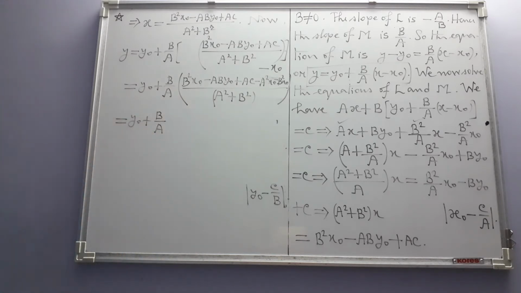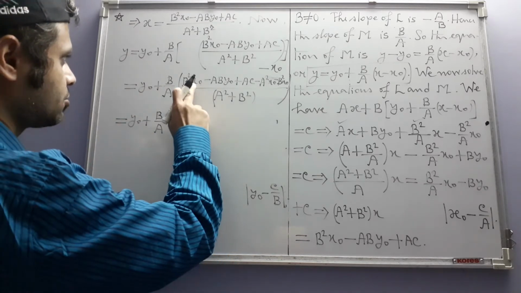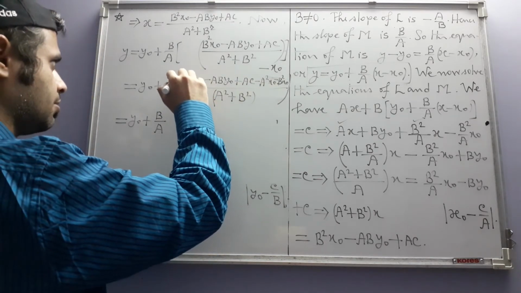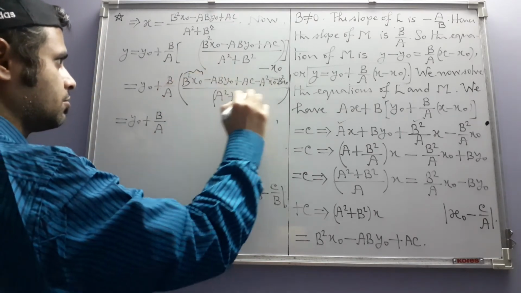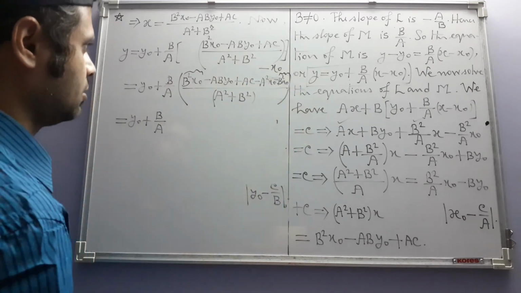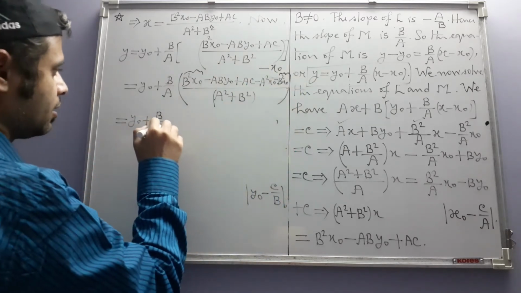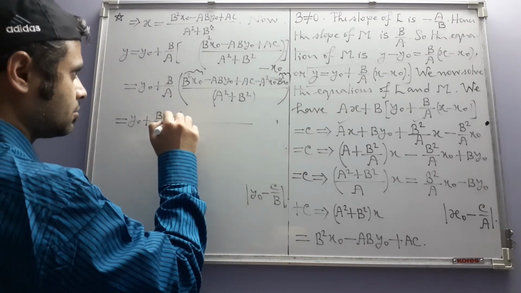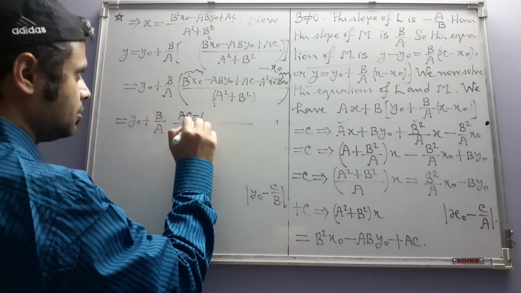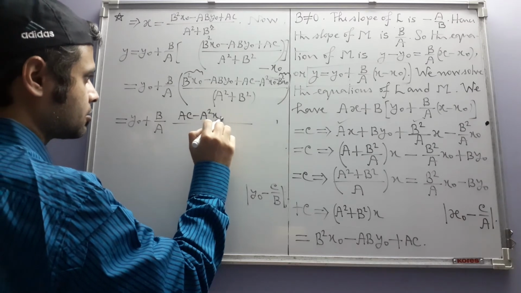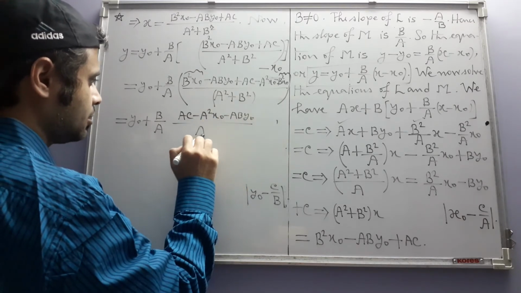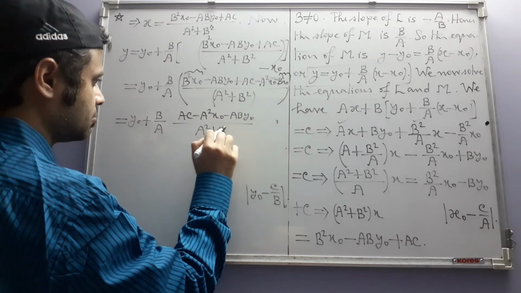Do we have any simplification? Oh yes, b square x naught and minus b square x naught, these two things cancel. This one and this one, and we are left with a c minus a square x naught minus a b y naught, but we still have to continue the calculation.